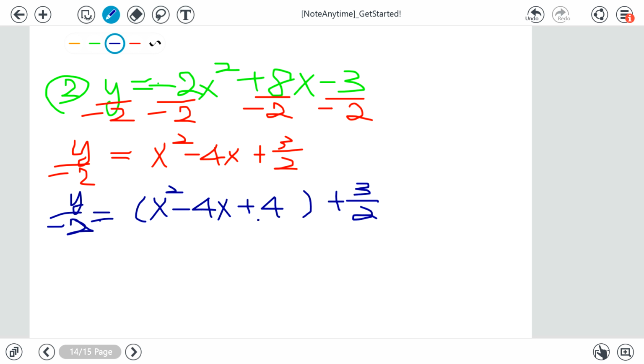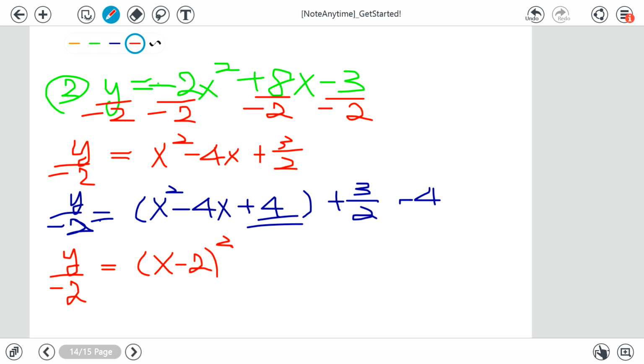Now since you've added 4 here, I should subtract 4 over here, which would give me y over negative 2 is equal to (x minus 2) squared. And when I perform this act right here, I should get, use your calculators. I know a lot of you guys are just freaking out over this. Put this in your calculator. It'll give it for you. If not, this is what you should get.